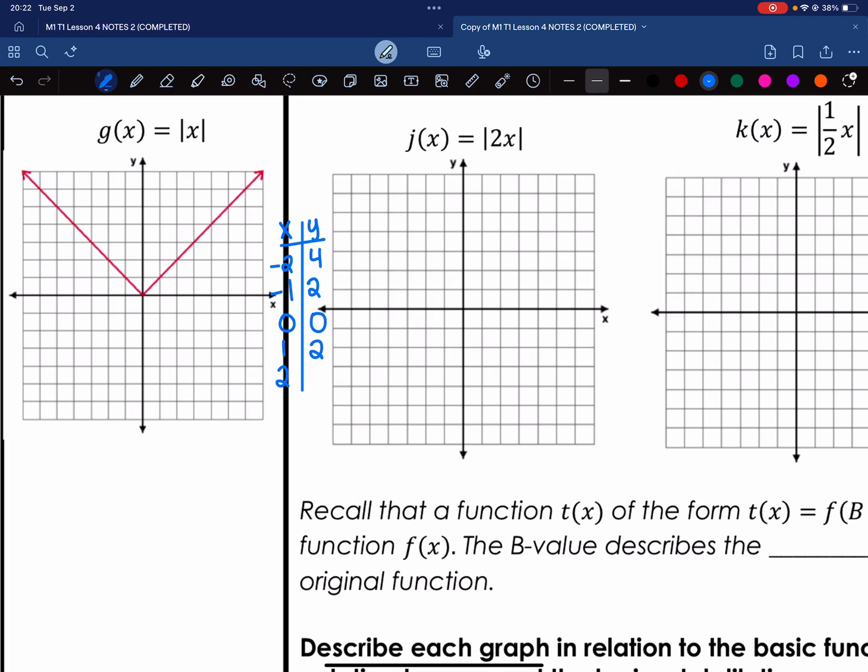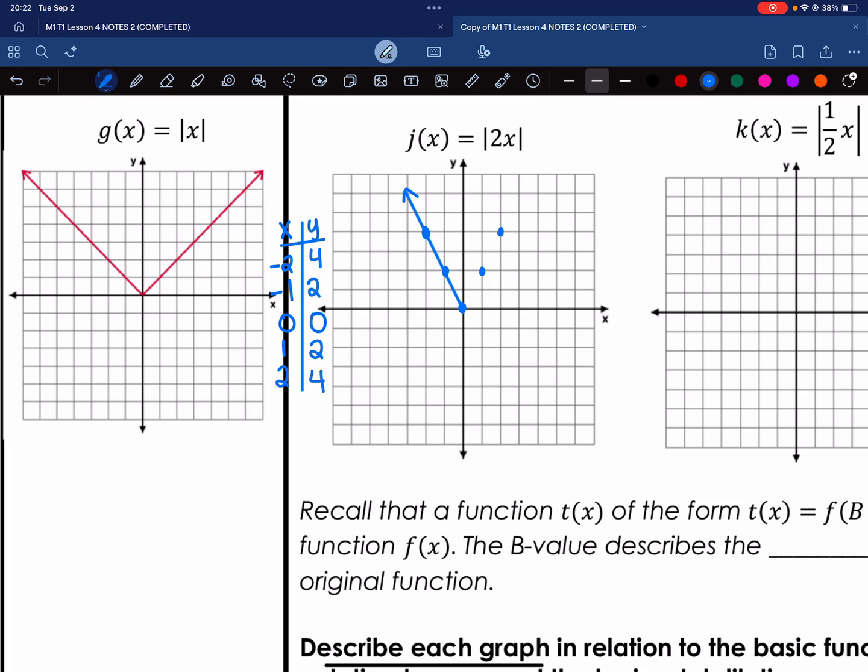And when you plug in 2, 2 times 2 is 4, the absolute value of 4 is 4. So when we plot these points, we have negative 2, 4, negative 1, 2, 0, 0, 1, 2, and 2, 4.